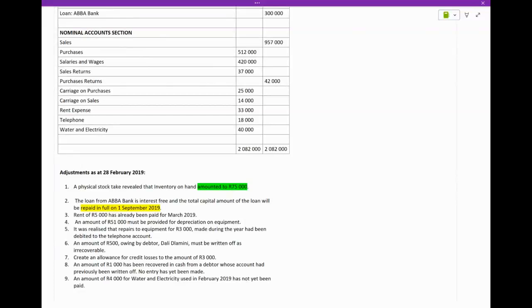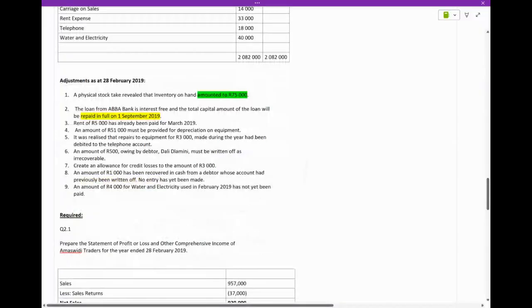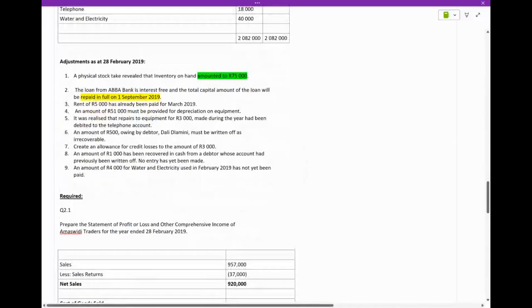Then they tell us the loan from ABBA Bank is interest free, and the total capital amount of the loan will be repaid on 1 September 2019. When are we doing this for? 28 February 2019. So how is this relevant?